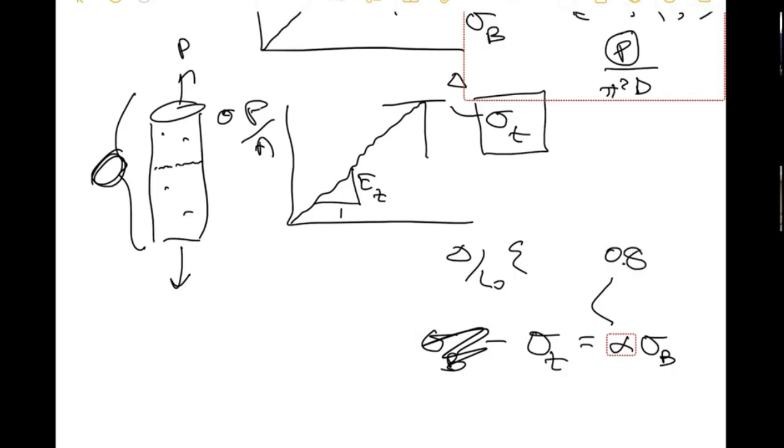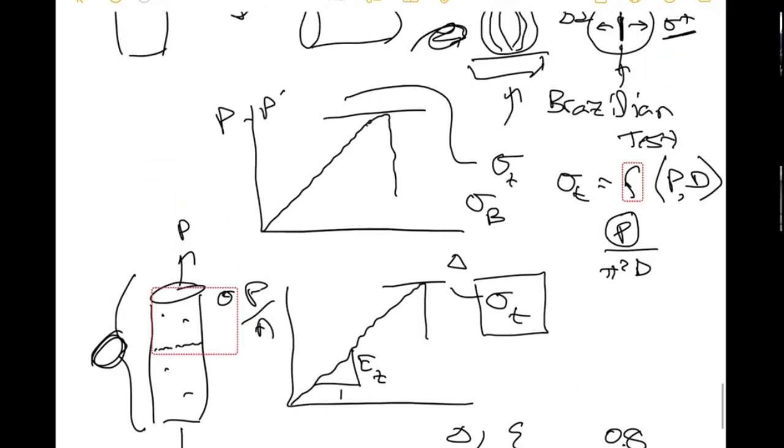And depending upon the rock, it's going to be something different. Which means the Brazilian strength you measure is like 10 units, but if you pulled it in direct tension, it would only be 8 units. It would fail earlier. Okay.